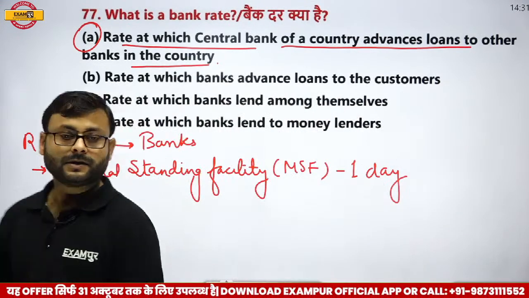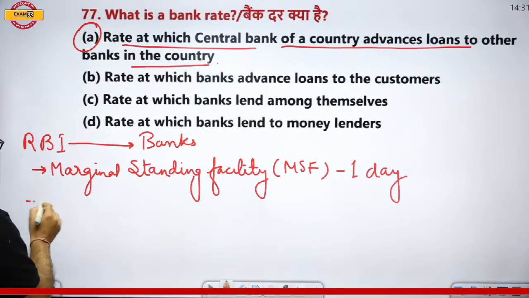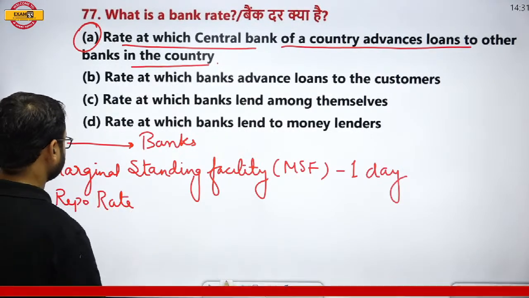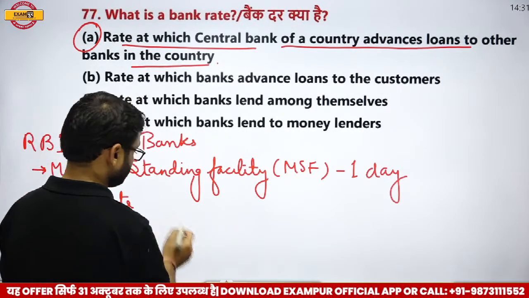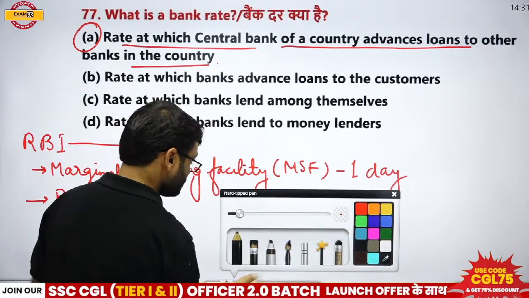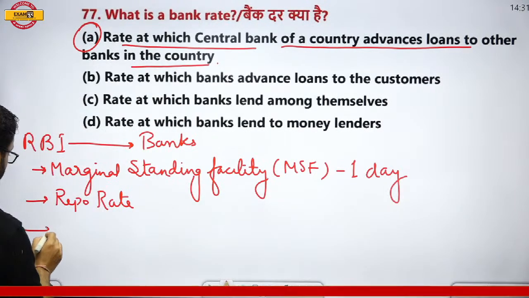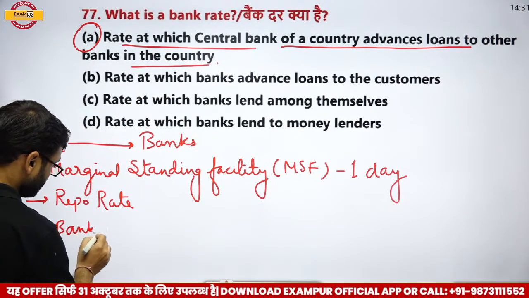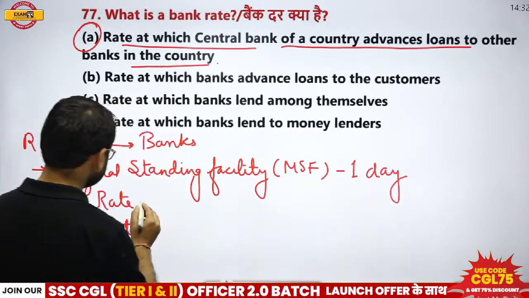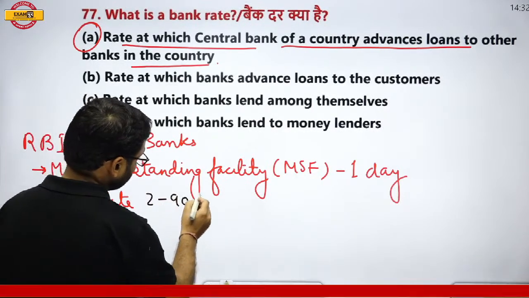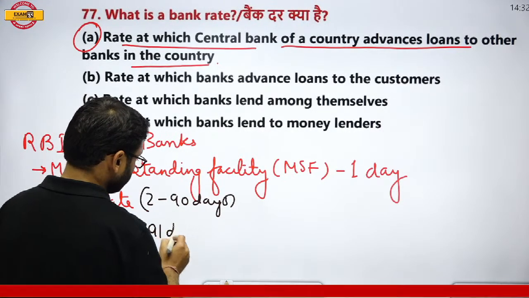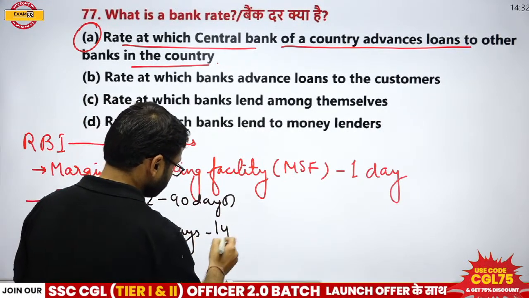When the Reserve Bank of India grants loans to the banks, the duration is 2 to 90 days, or 91 days to 1 year.